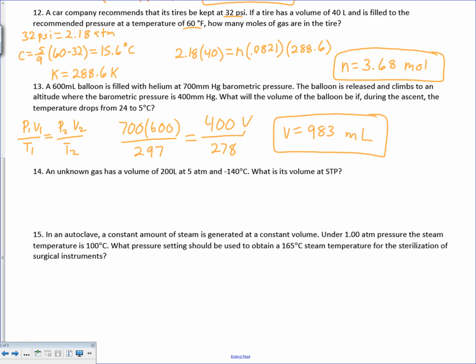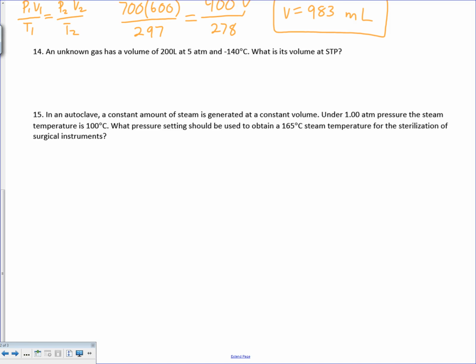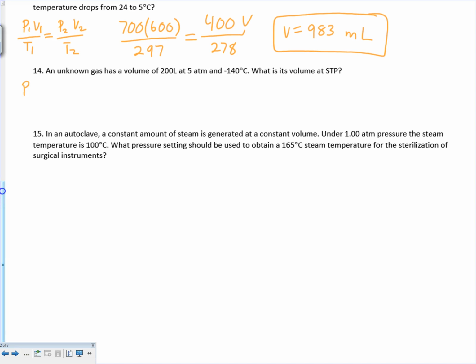Number 14, same thing. We're going to use that same equation. So P1 V1 over T1 equals P2 V2 over T2. Plugging numbers in, we've got 5 times 200 over 133. Now, this says we're at standard temperature and pressure in this problem.